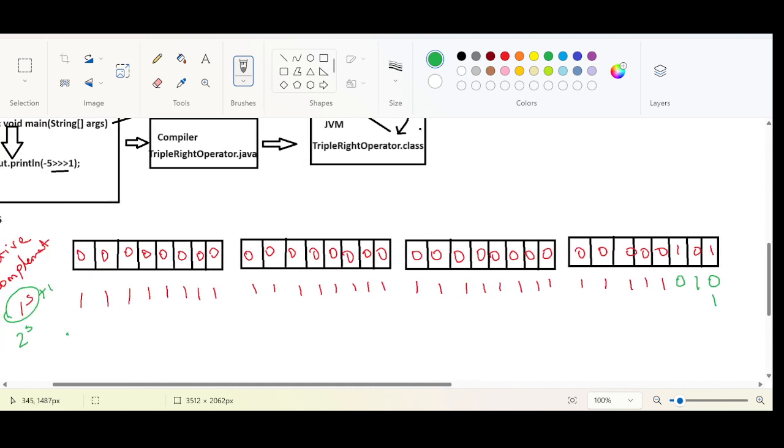If I do the calculation, I will get the value for 2's complement. Everything will be 1 again.